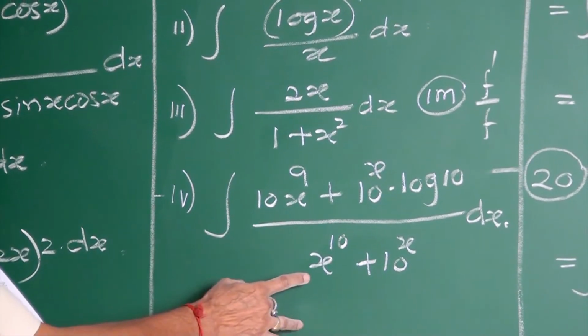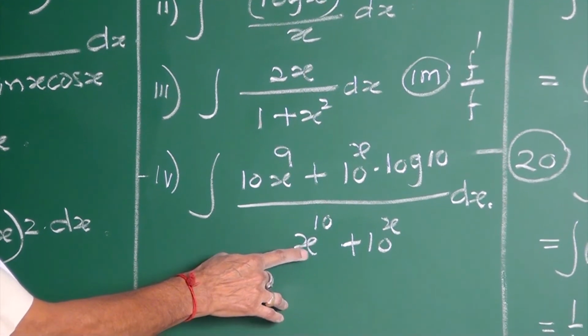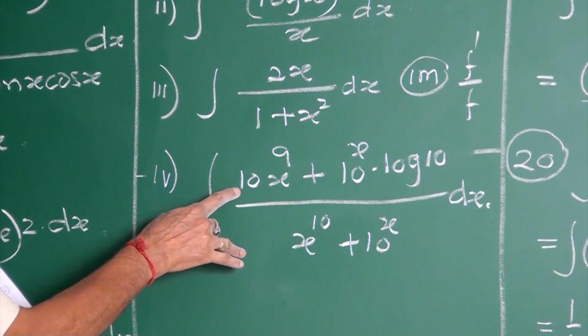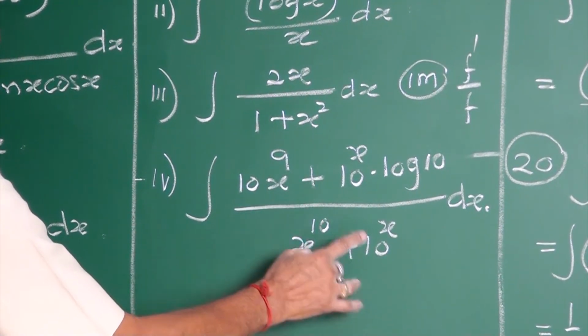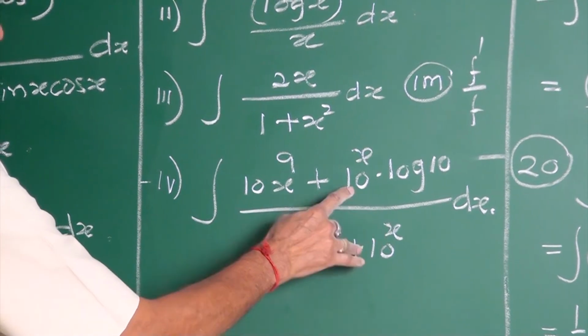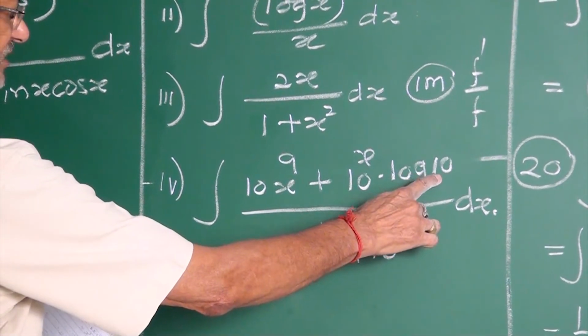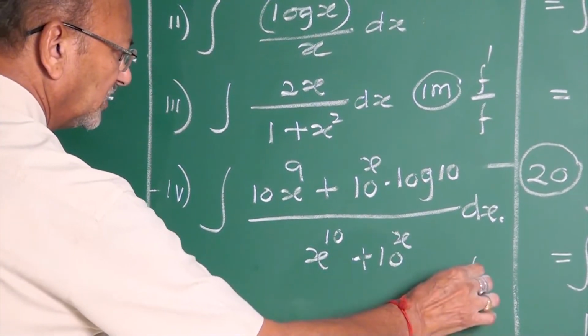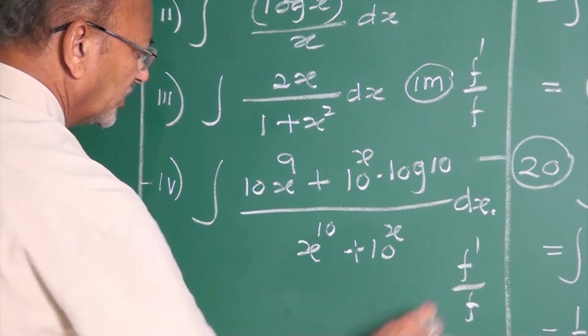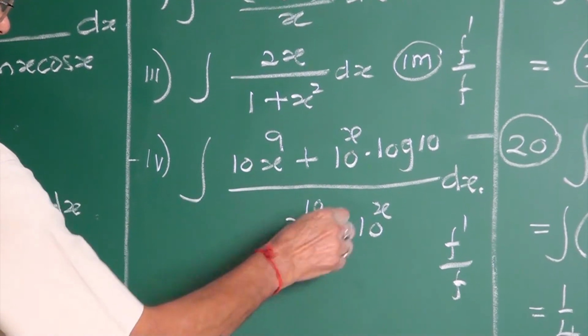Yes, my friend. The f dash is its derivative: the derivative of x to the power 10 is 10 into x to the power 9, plus what is the derivative of 10 to the power x? A to the power x into log a, so instead of a, 10 to the power x into log 10. It is also nothing but, my friends, f dash upon f, log of the denominator.